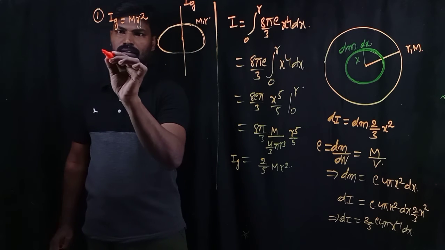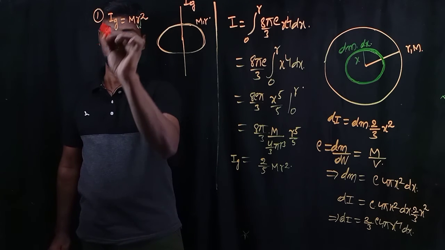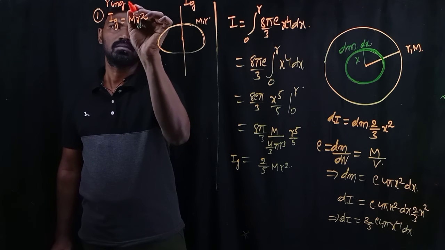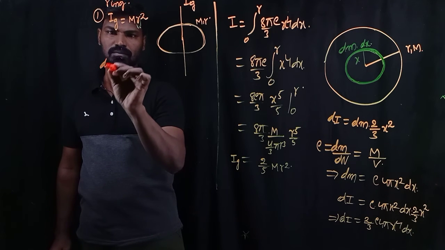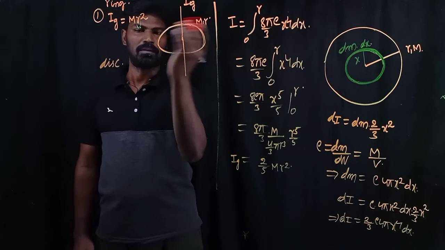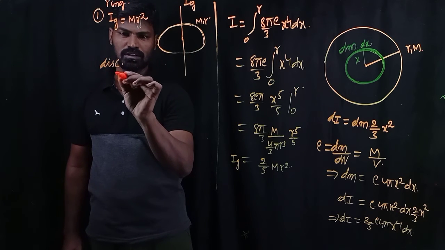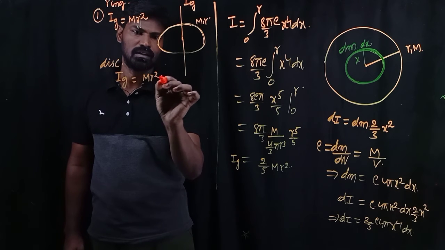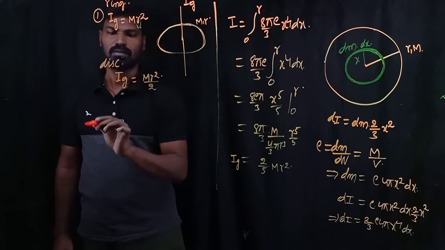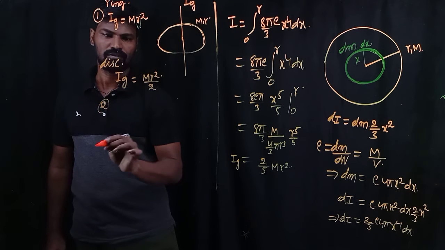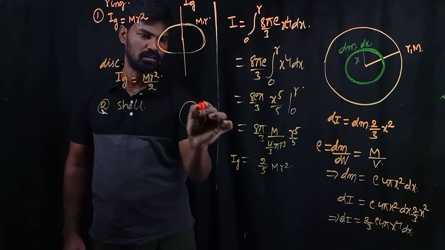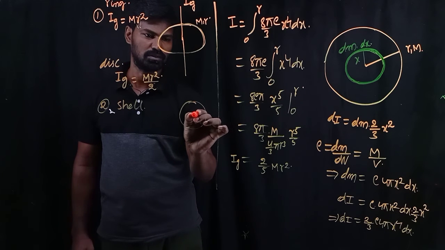Using this, I calculated the moment of inertia of a disc, perpendicular to the plane only: Ig is equal to m r squared divided by 2.